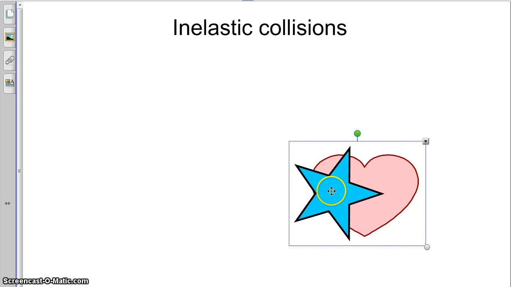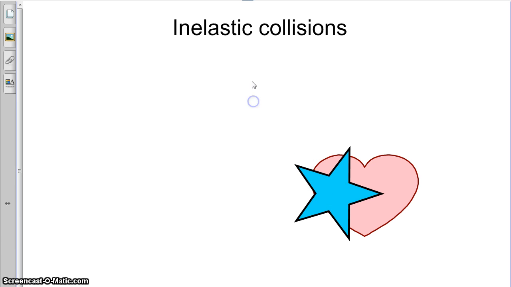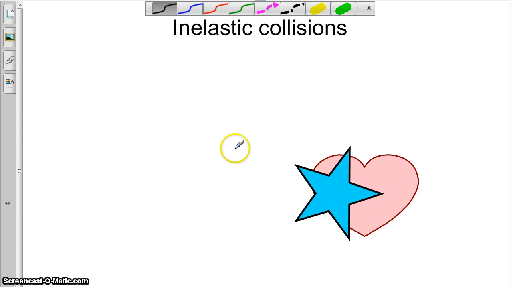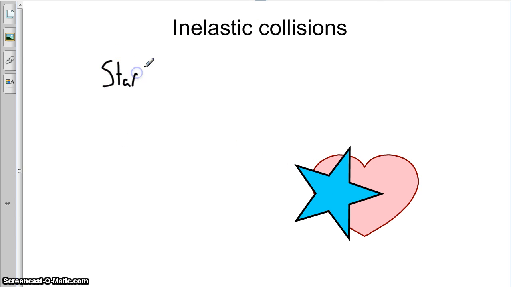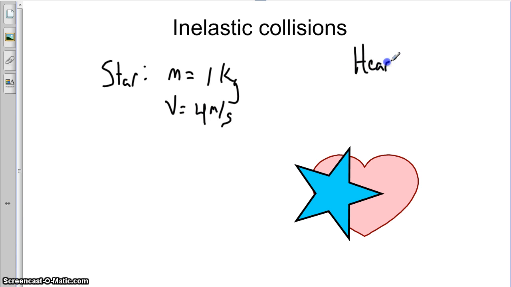Let's imagine that before they collided, I'm just going to make up some numbers real quick. Let's say this star has a mass of 1 kilogram, and it was moving at 4 meters per second. We also know the heart has a mass of, let's say, 2 kilograms.